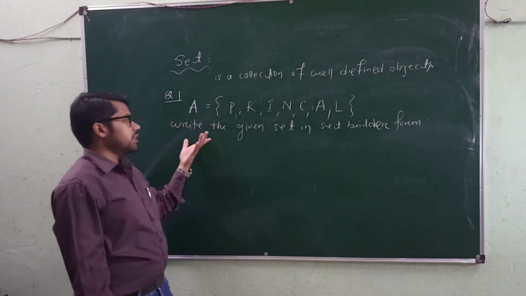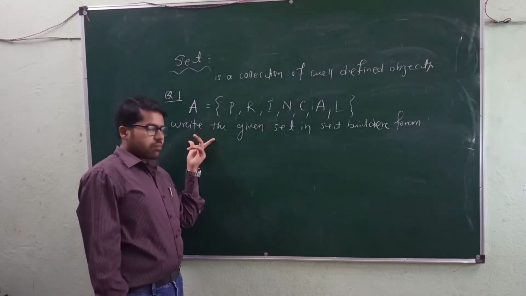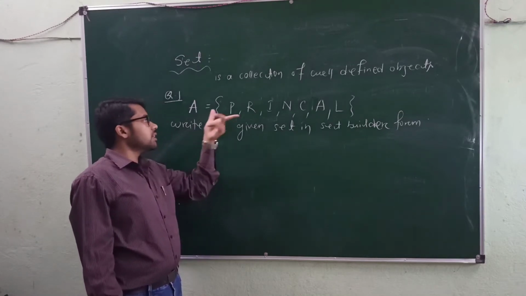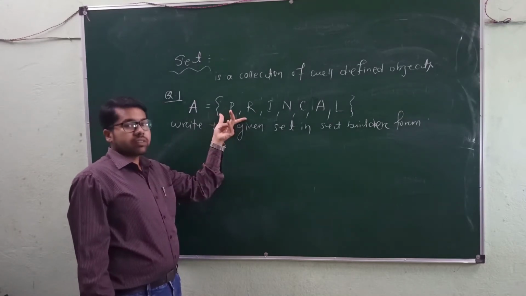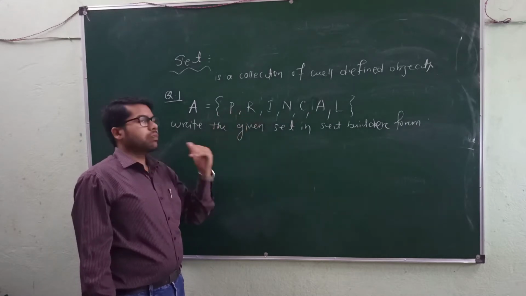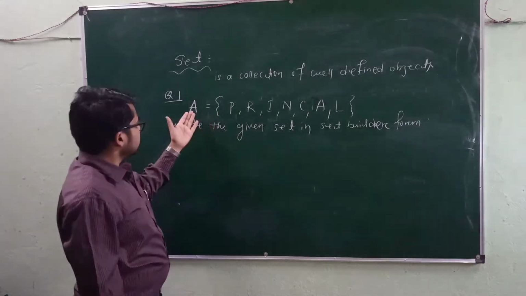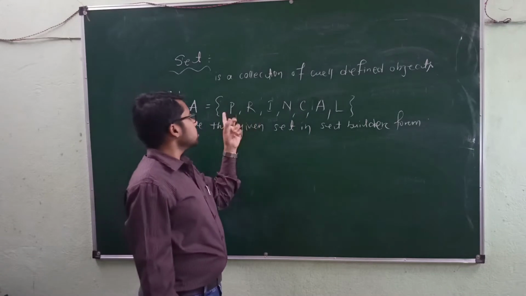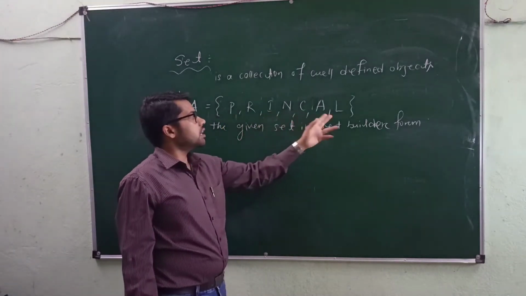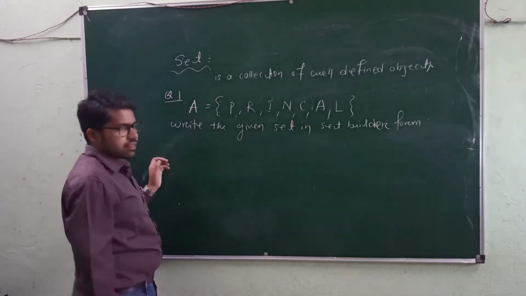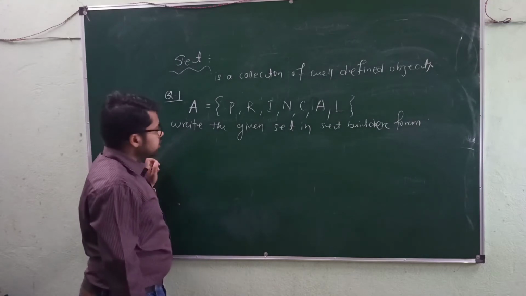Before writing the set in set builder form, we should know what the common property present here is. So find out the common property. See, the set contains the distinct letters p, r, i, n, c, a, l. Does it make any sense? Perhaps not. Let's see.